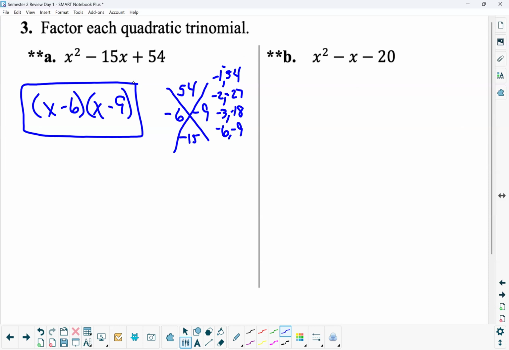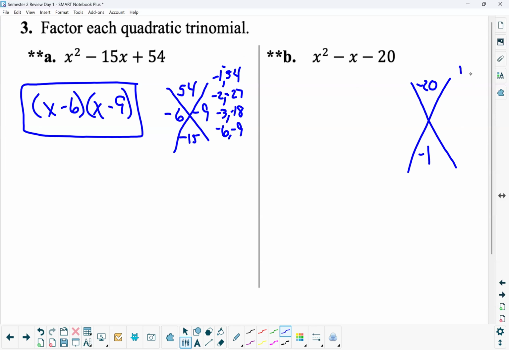Letter B, x squared minus x minus 20. Find 2 numbers that multiply to -20 and add to -1. Again, they multiply to a negative, so we have to have 1 positive and 1 negative value. They add to a negative, so the negative value has to be the larger value.